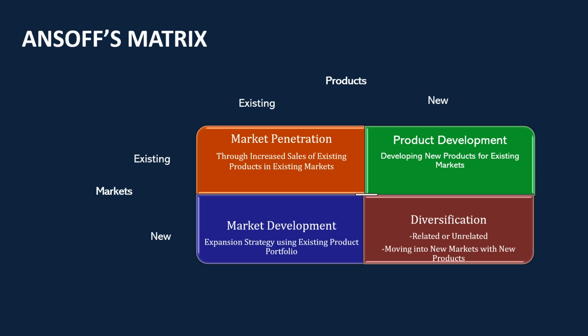So the Ansoff's matrix can be used to show the alternatives.